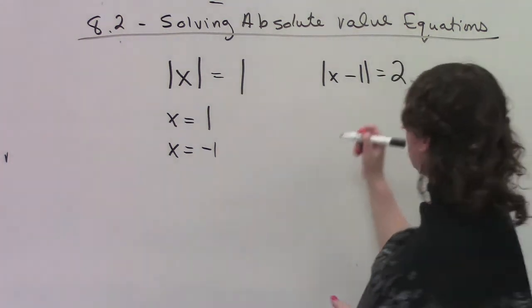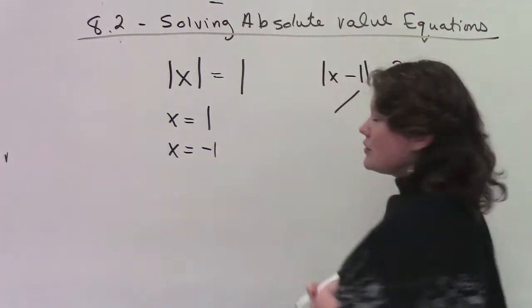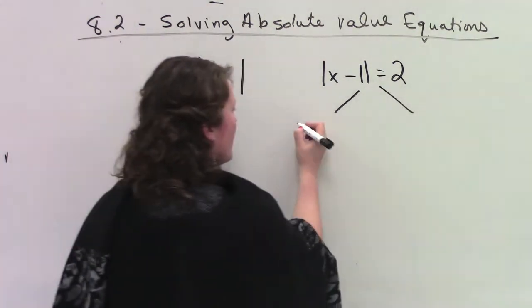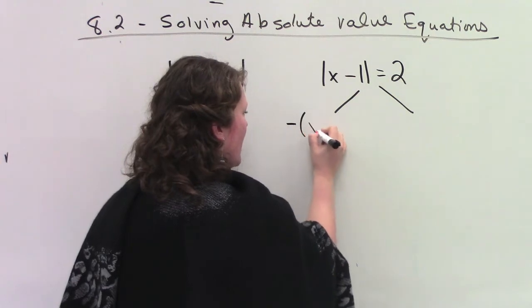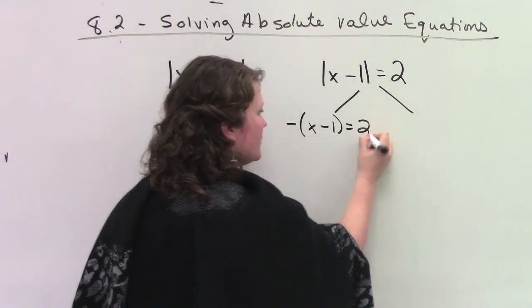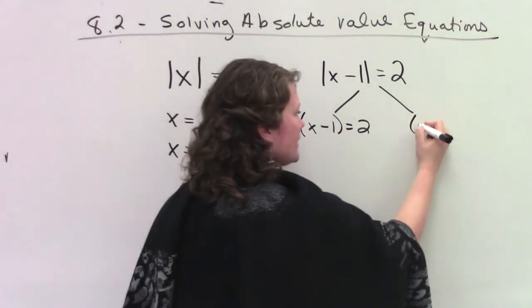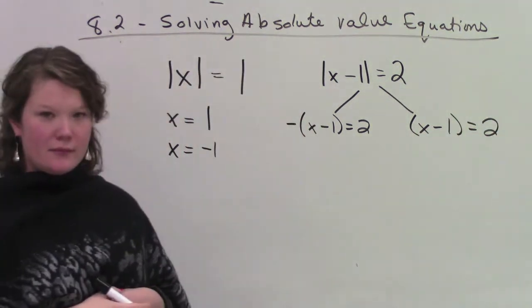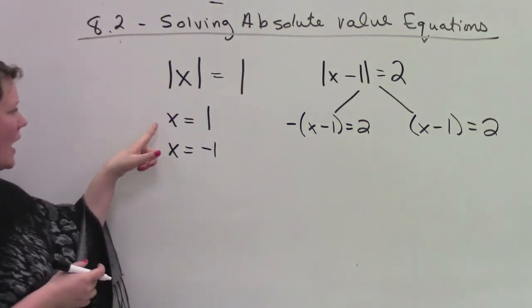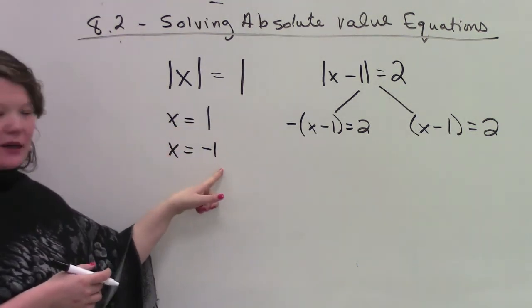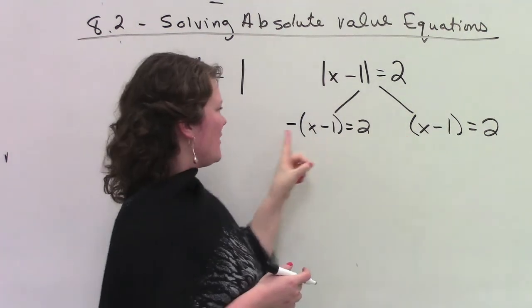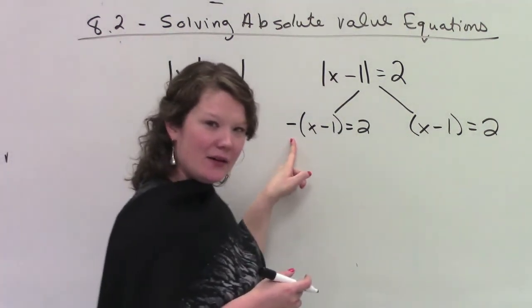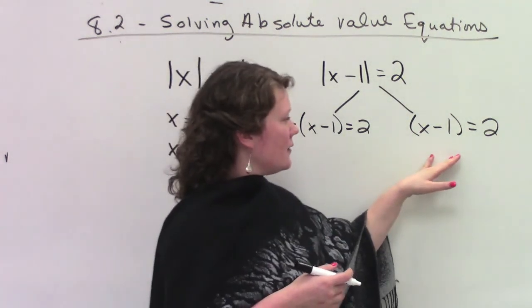What we want to do is split this into two separate equations: negative (x minus 1) equals 2 and positive (x minus 1) equals 2. It's the same thing we did with x equals positive 1 and x equals negative 1. This is like our negative 1. We're taking one negative side and one positive side.